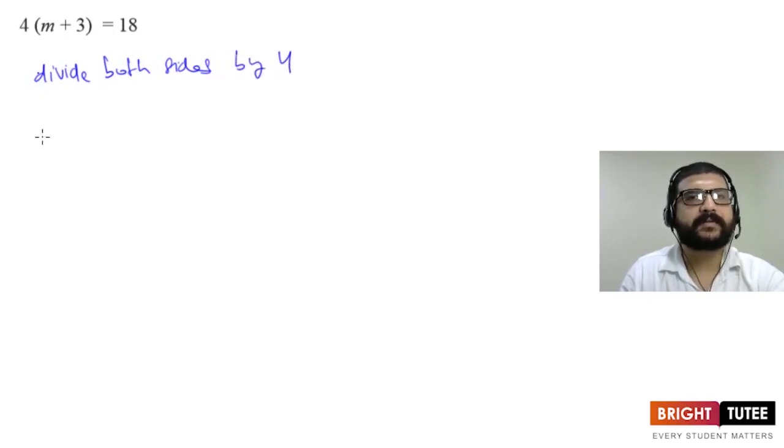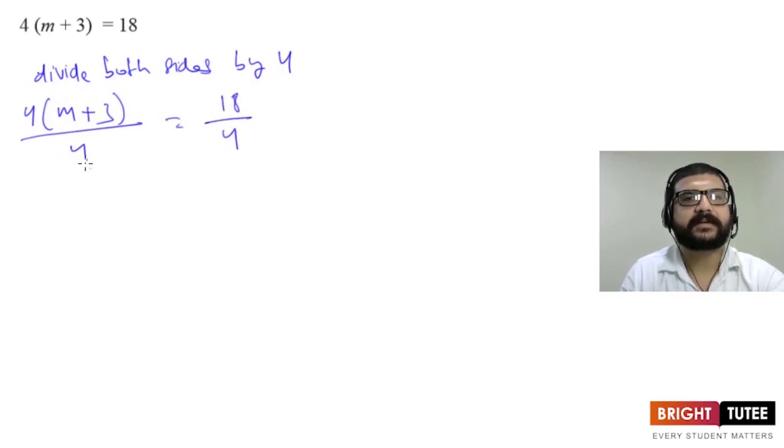So what we will get by doing that, we will get 4 into (m plus 3) divided by 4 is equal to 18 divided by 4. Now when we simplify this, 4 and 4 will be cancelled out. Now we are left with m plus 3 is equal to 18 upon 4.